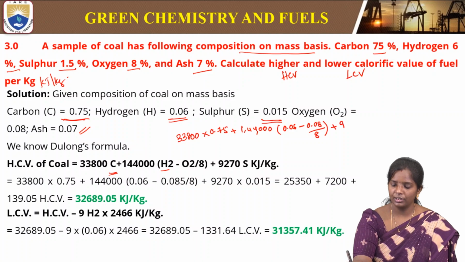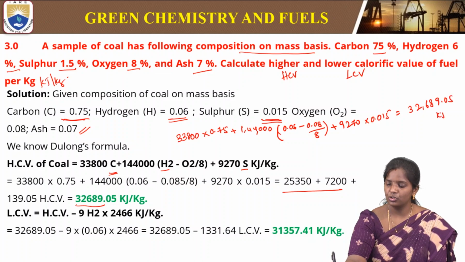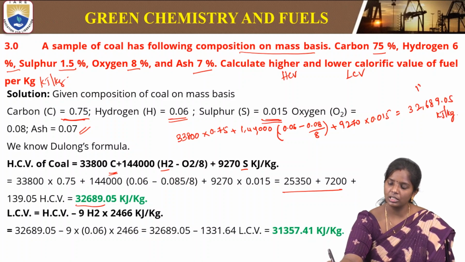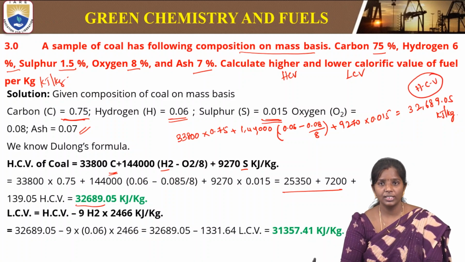Plus 9270 into how much is the sulfur? 0.015. So upon simplification and calculation, we get 32,689.05 kilojoules per kg. So this is the HCV value of this coal sample.